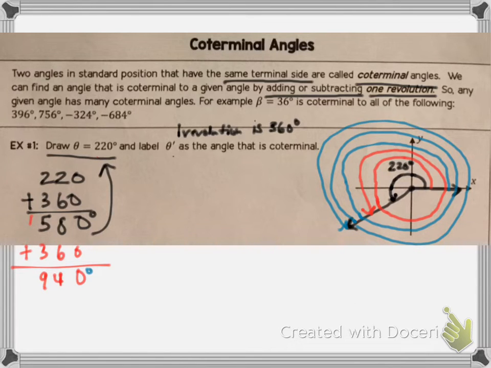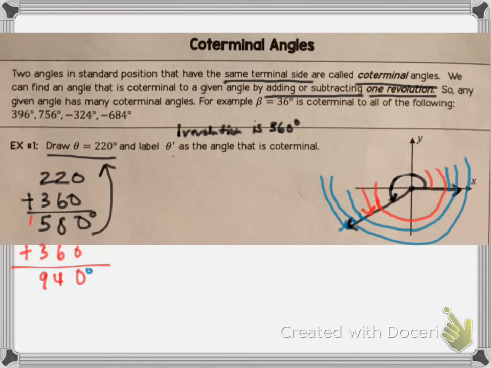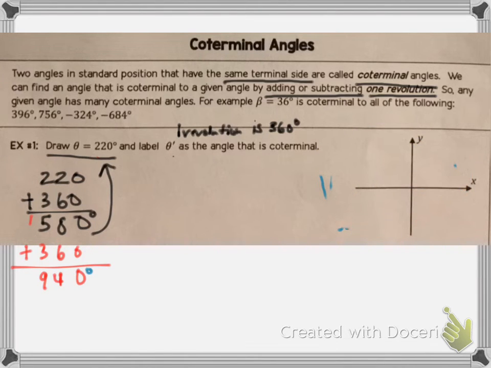Okay? And if I want to draw a negative coterminal angle, because my negative angles are coterminal to this angle as well, I'm going to erase this and draw the negative angles that are coterminal as well. So again, let me draw my original 220 angle. That's 220 degrees.